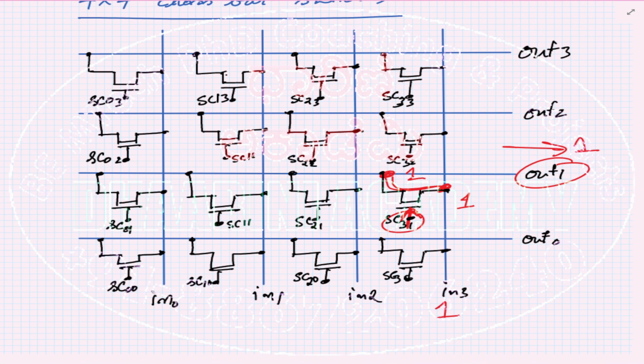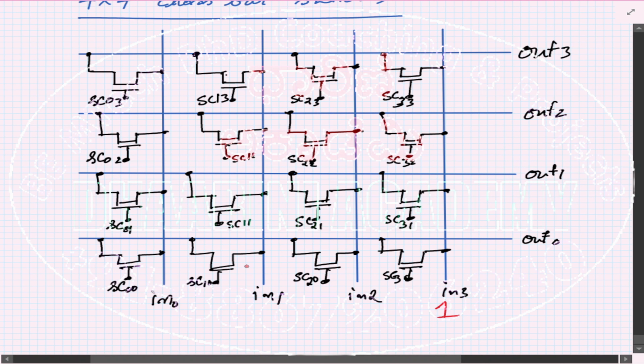Now I'll ask you a question, just to make sure that you are fine with this concept. Let me say my input signals along these lines are 1 0 1 1, and I want the output to be 0 1 0 1.